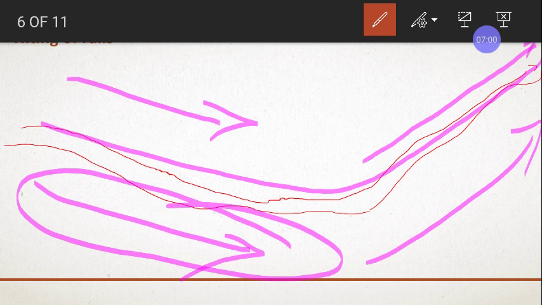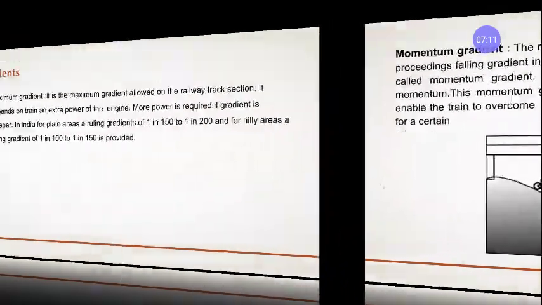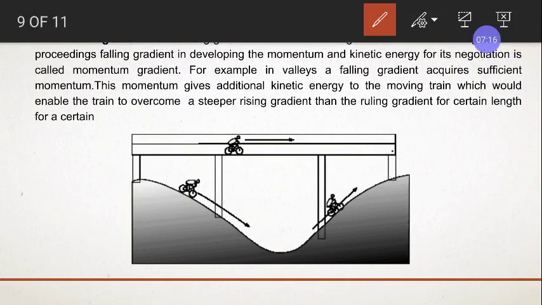It is provided mostly in railways. This is what he is trying to show you, the same thing. A cyclist wants to overcome this upward gradient. So what are we going to do?